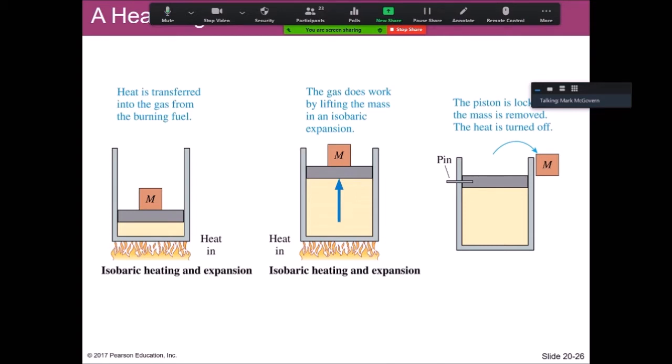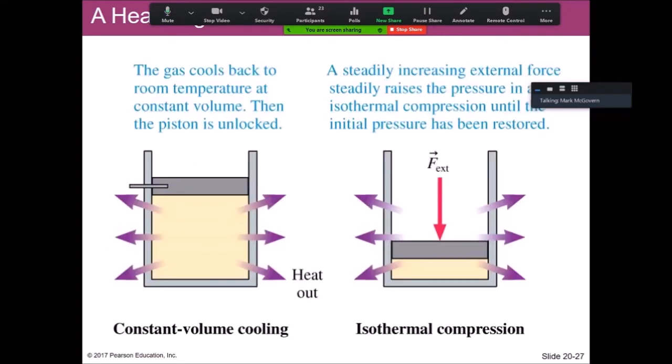Now we have a different process here. Now we reach the second stage of our process, which is a constant volume cooling. Locking the piston does not allow the piston to fall. The volume's set in stone here, and we let heat just escape out. Eventually, enough heat escapes out, we remove the pin, we apply a force down on that piston that will compress the substance while keeping the temperature constant.